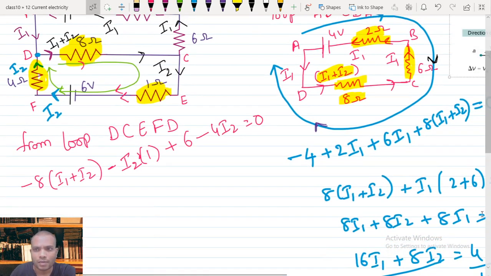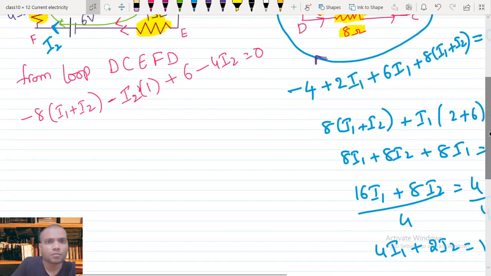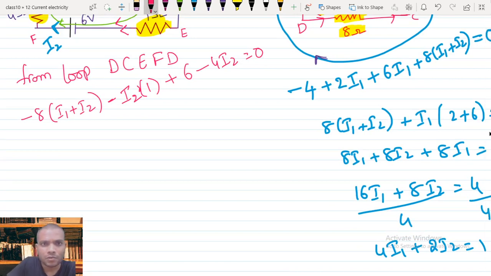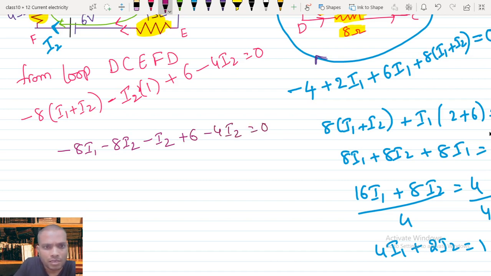So if I rewrite the expression, it looks very big, but we will simplify this equation. First I will multiply: minus 8I1 and minus 8I2, again minus I2 plus 6 minus 4I2, which equals 0. First let me add all these I2s, because I2s are more.